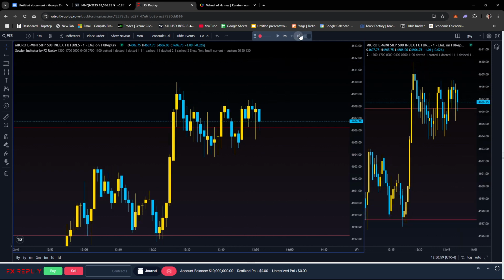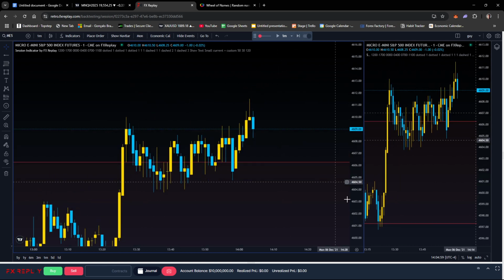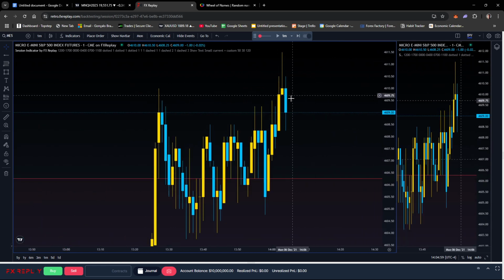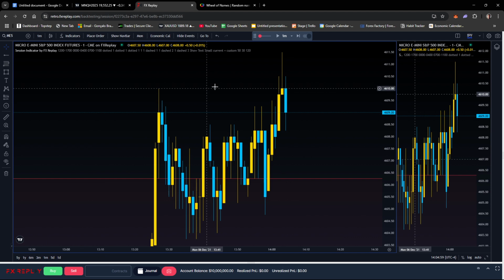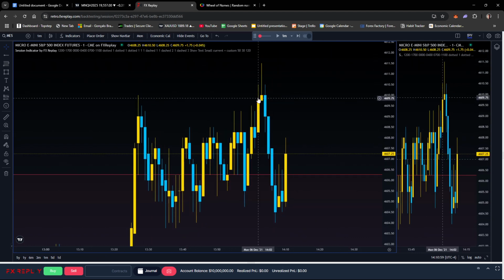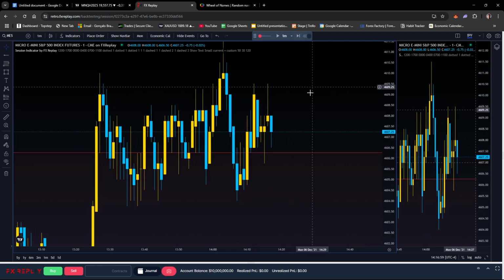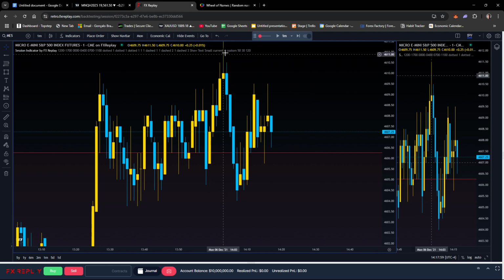Accumulation. Okay. Still accumulating. I was debating buying here till I see we haven't broke above the high. Now it's too little volatility.